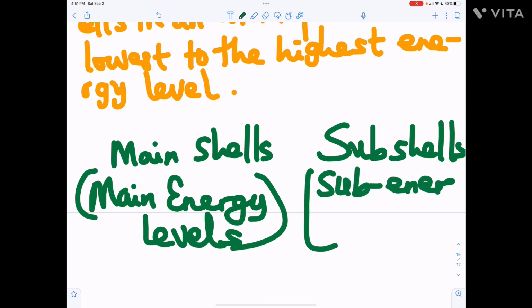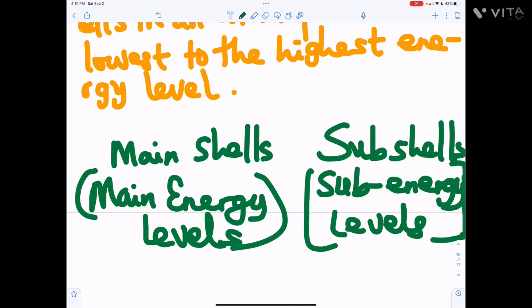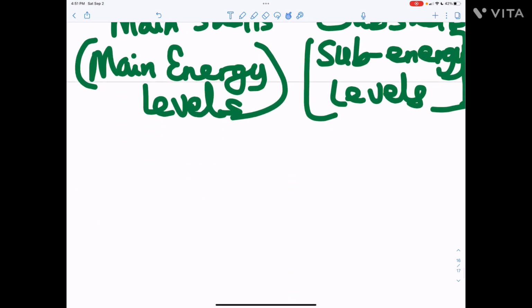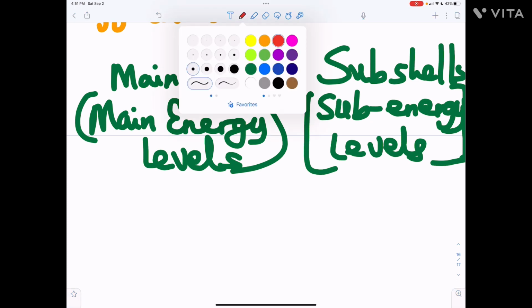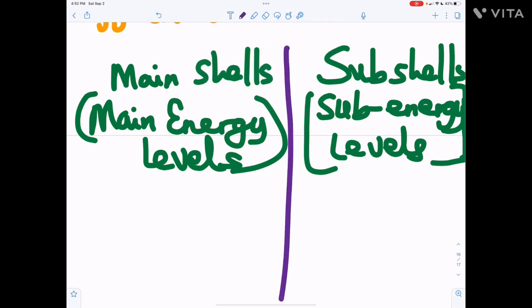Take note of all these terminologies. So the main shells are also called main energy levels, and the subshells are also called sub-energy levels. So let's go ahead and get the subshells in each main shell.